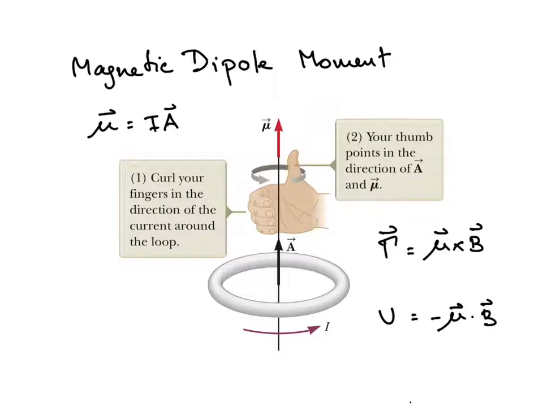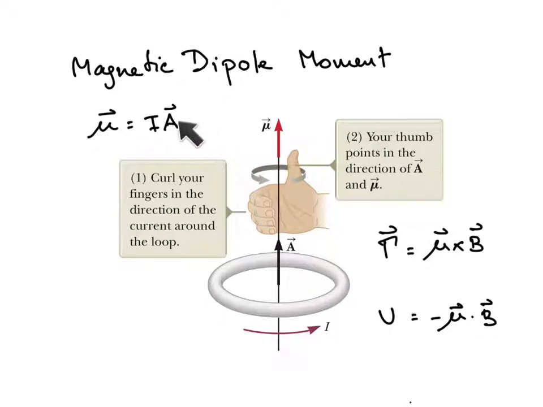Anyway, in this case, we will define mu as I times A. I is the current, A is the area vector.